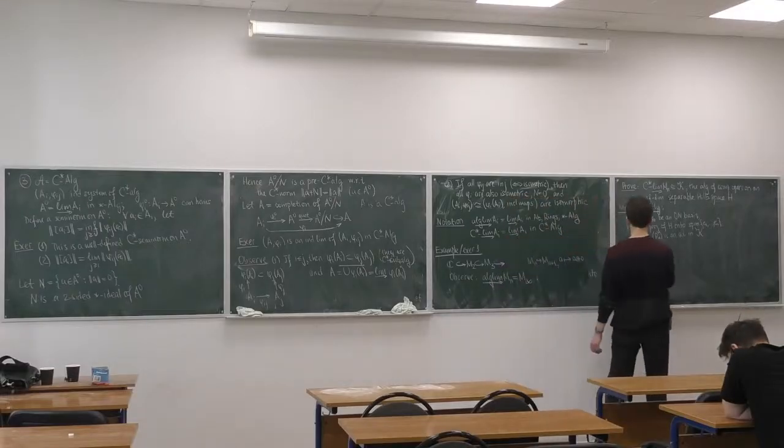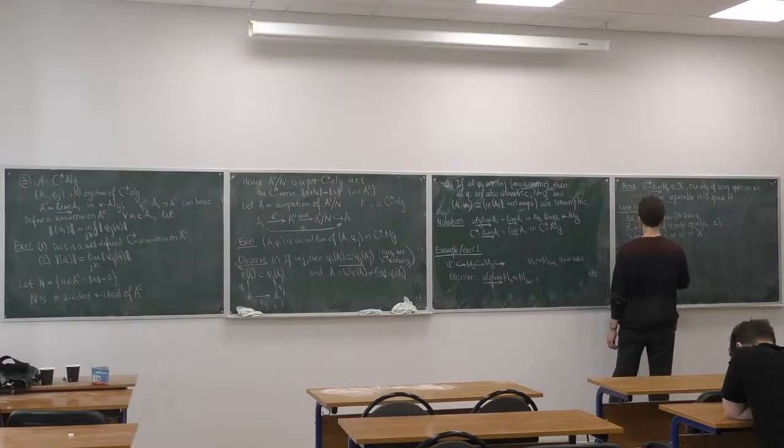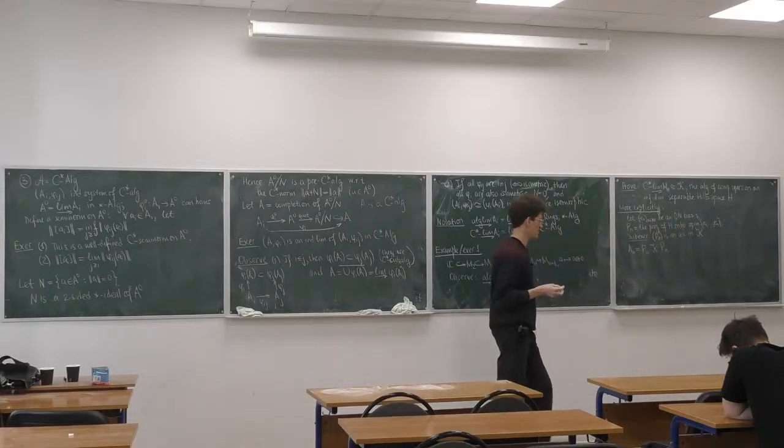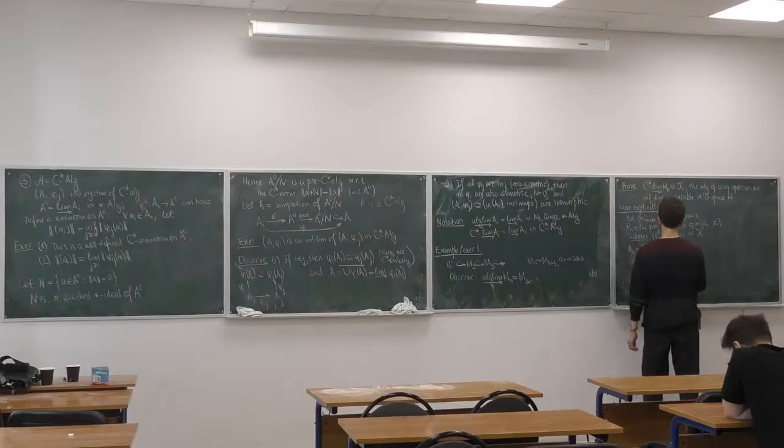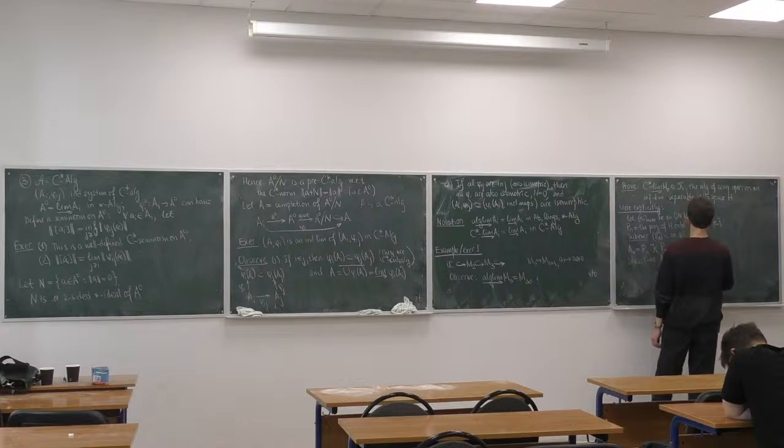So let's now denote by An the following subalgebra: Pn K Pn. Another sub-exercise is to show that An is a C-star subalgebra of the algebra of compact operators.